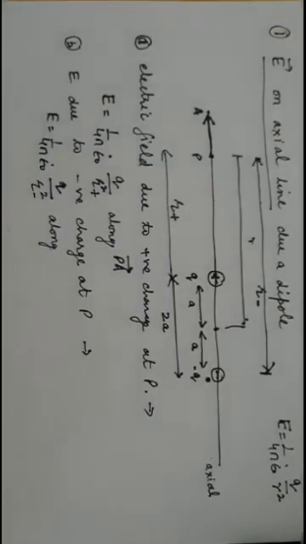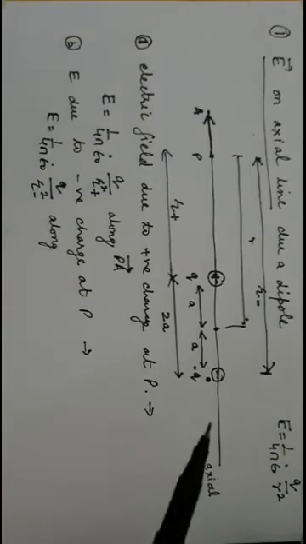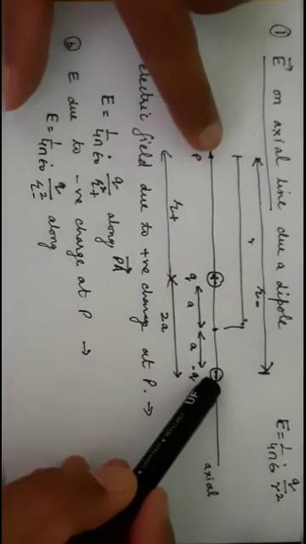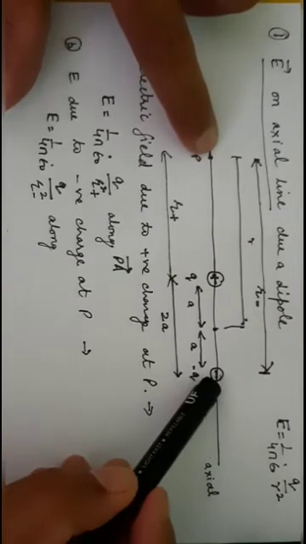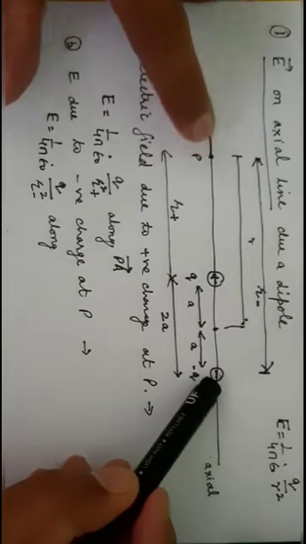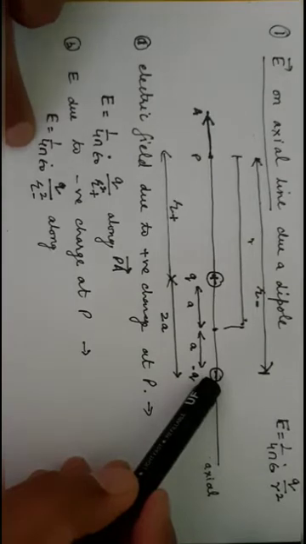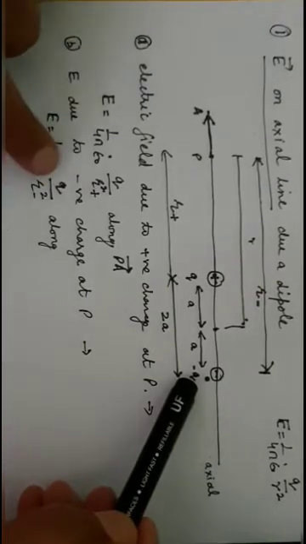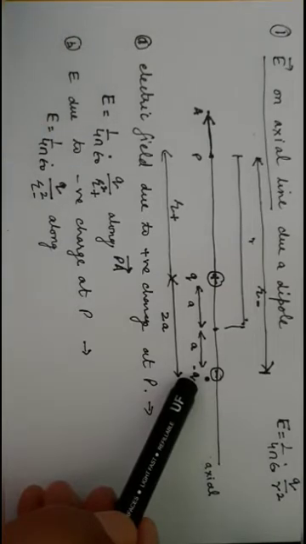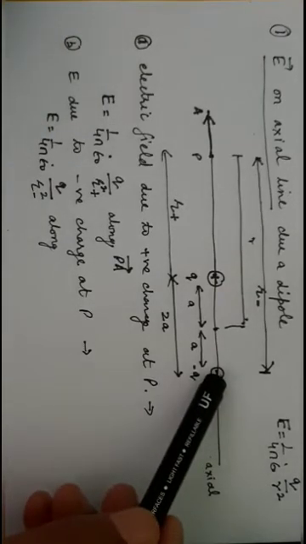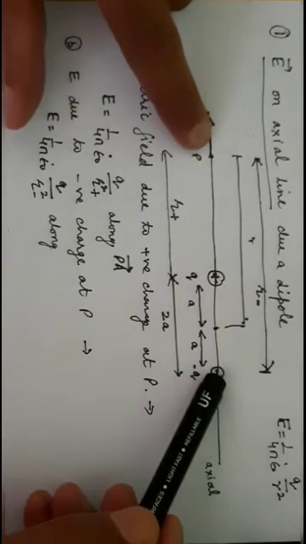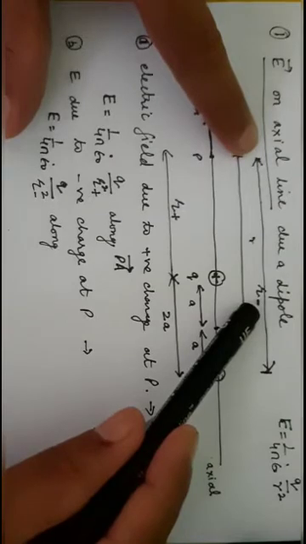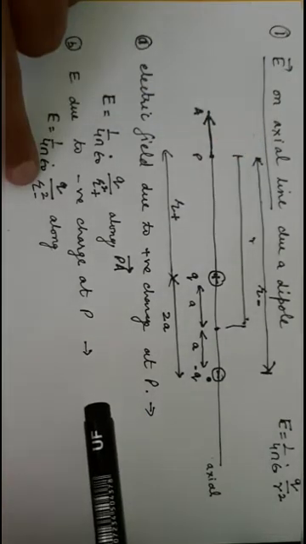Now electric field due to negative charge. So electric field due to this negative charge at point P is 1 upon 4 pi epsilon naught, magnitude of charge. Here magnitude of this negative charge is Q, and the square of the distance of this negative charge from the point of observation P. I took this distance as r negative, so this distance is r negative square.